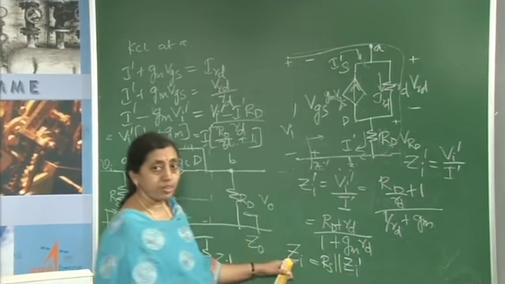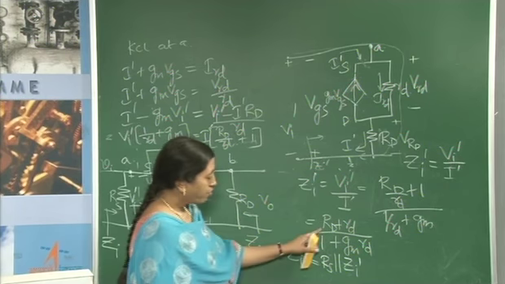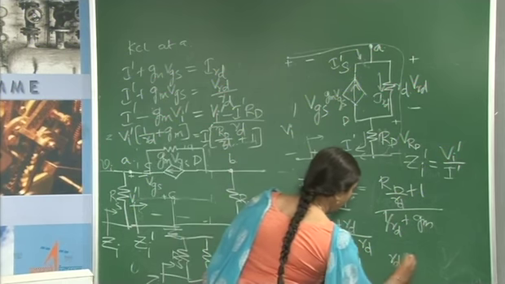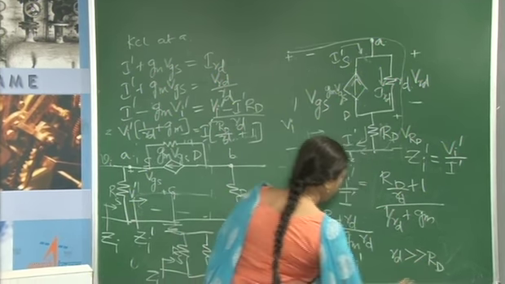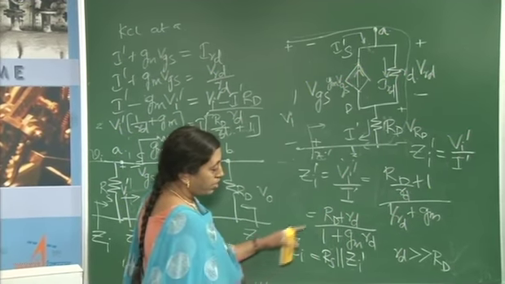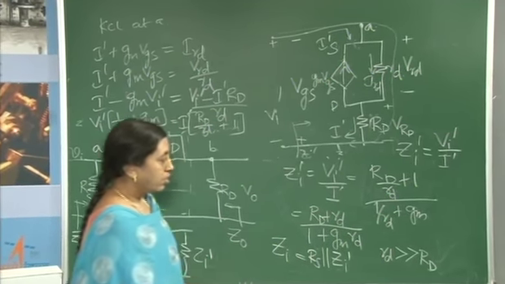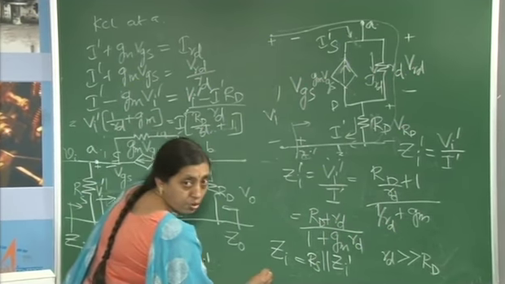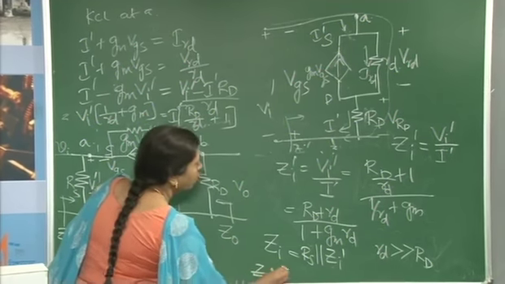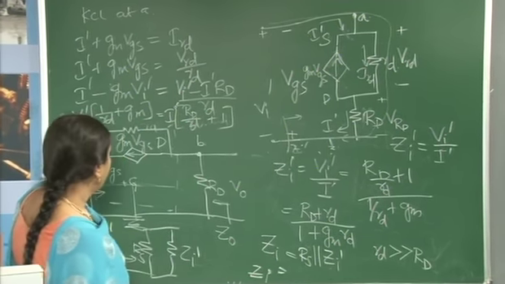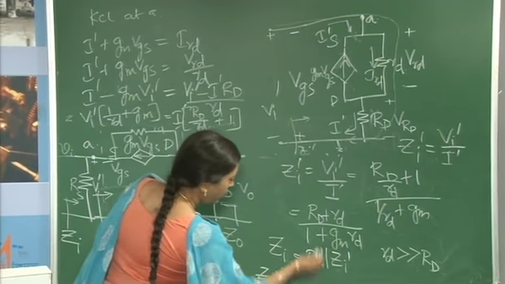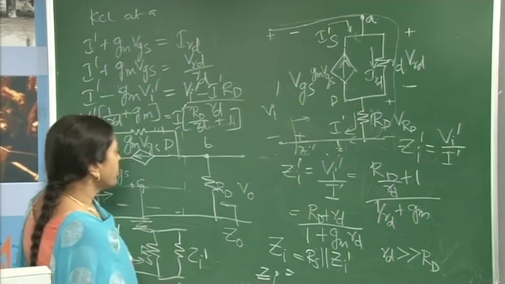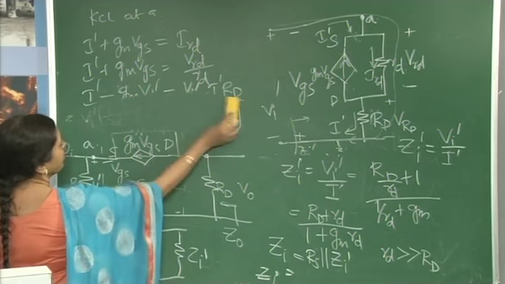If we substitute it here, we will get it. So, if we ignore the value of RD in comparison with RD, since RD is very much greater than RD, the above expression can be written as RD, right? You will get RD. So, Zi will be equal to, if you ignore it, you will get a much smaller expression. Next is to find out the output impedance.